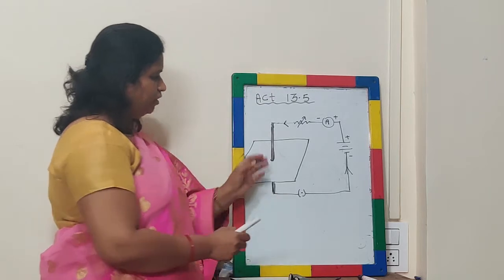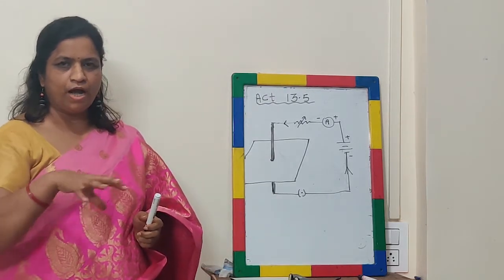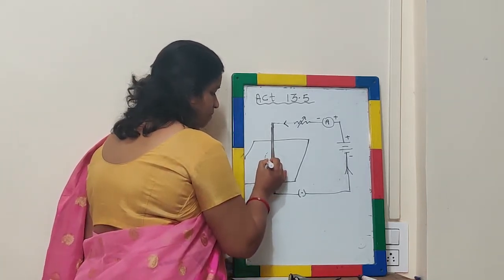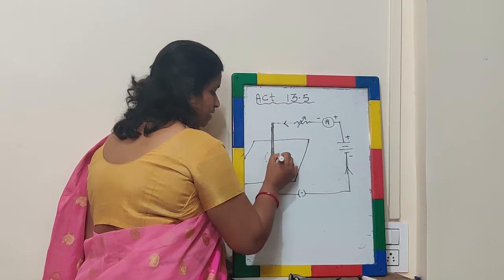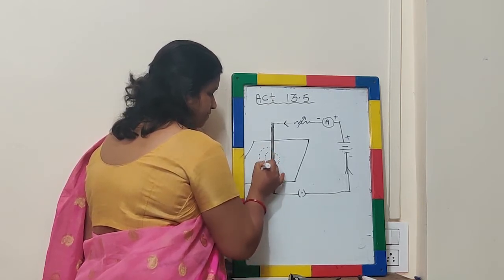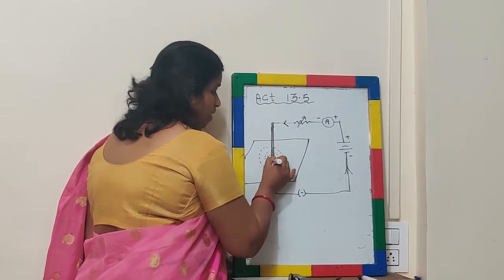As we gently tap the board, the iron filings arrange themselves around the conductor in concentric circles. So we can see such circular patterns around the conductor.